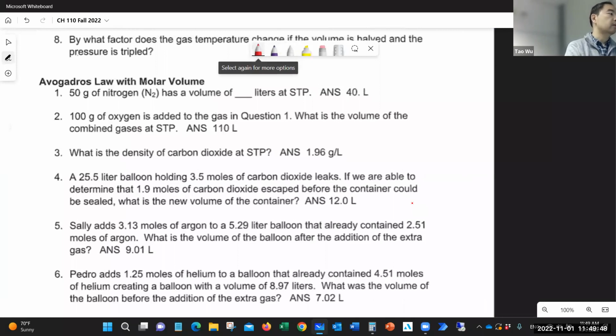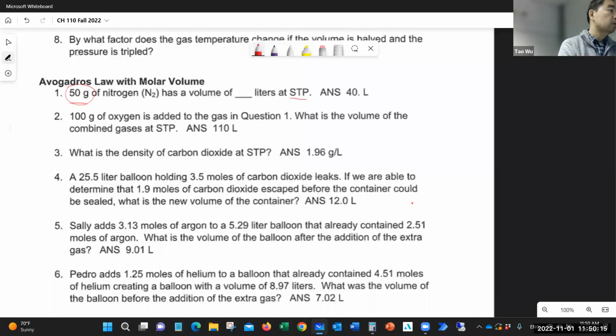The first one is: 50 gram of nitrogen has a volume of how many liters at STP condition? So what do we do? First, we know we talk about moles of gas. We're not talking about mass of the gas, right? So first of all, you have to convert the mass of the nitrogen to the moles of the nitrogen.